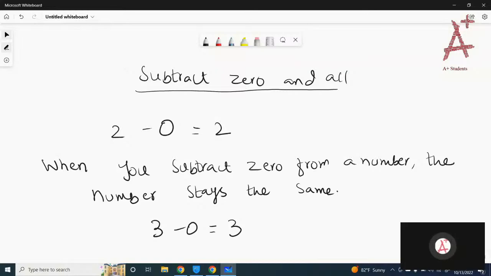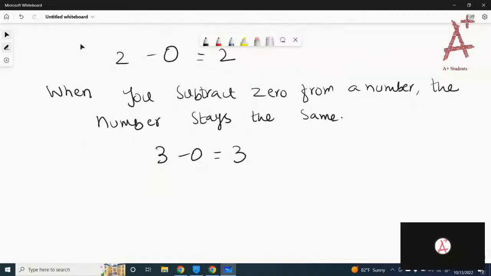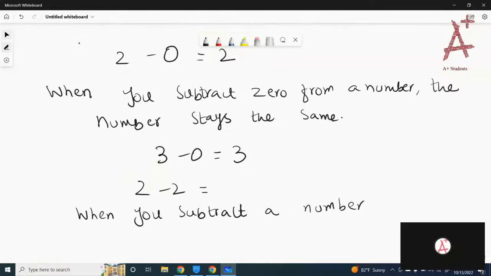Okay, the next one is 2 subtract 2. So when you subtract a number from itself, the answer is 0.